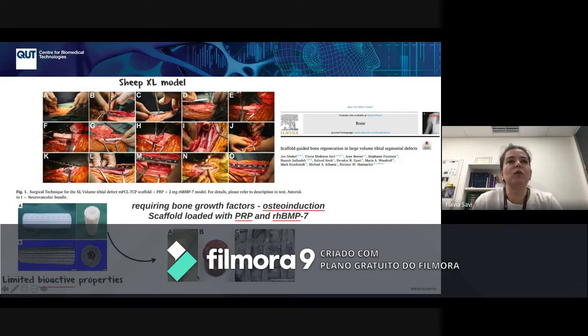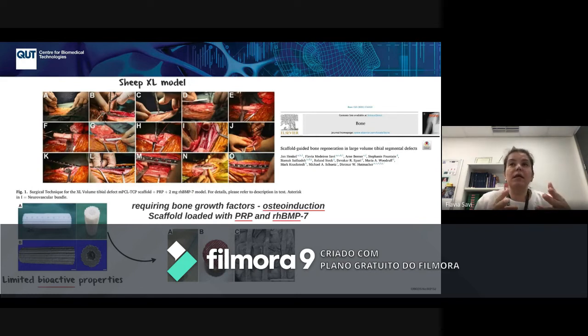The scaffold again was a different scaffold, so it was a PCL TCP scaffold. So PCL was coated with tricalcium phosphate, which also helps the attachment of cells, bone cells, to the surface of the scaffold.